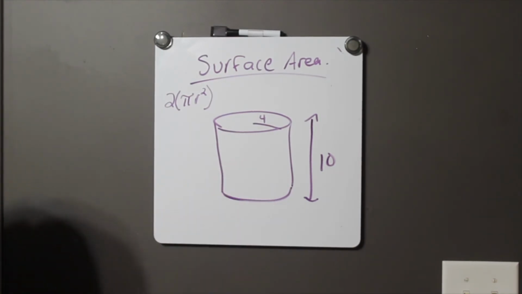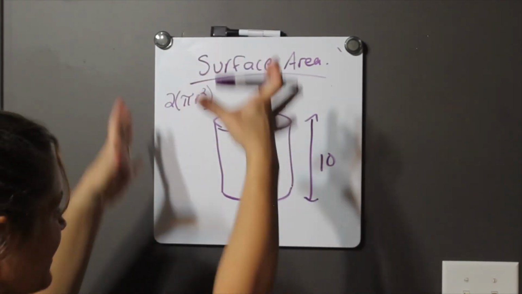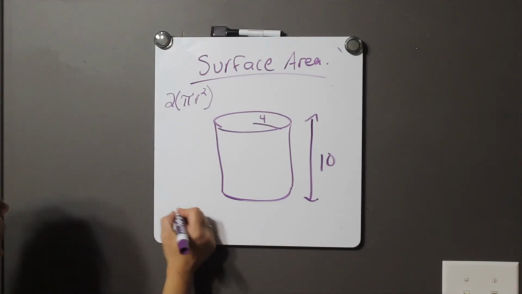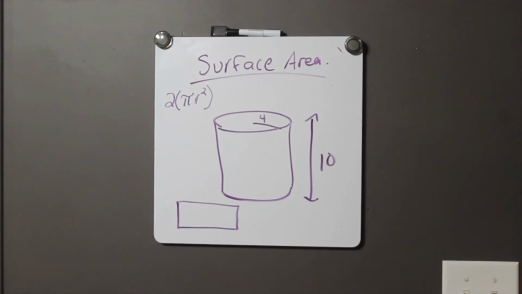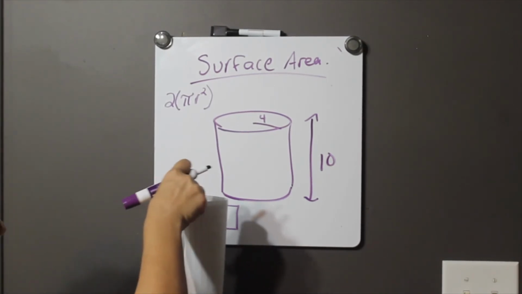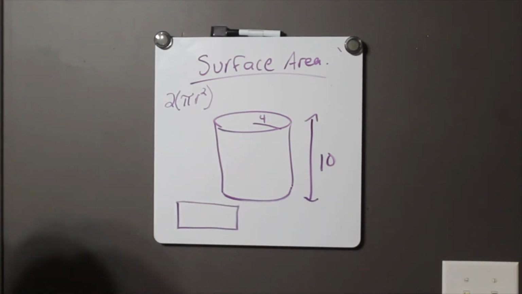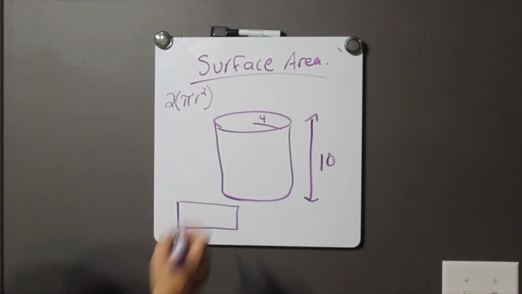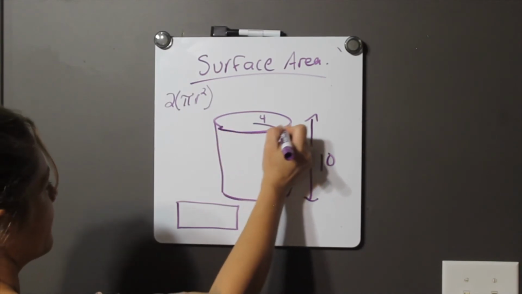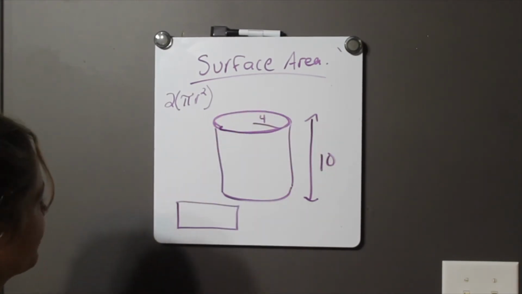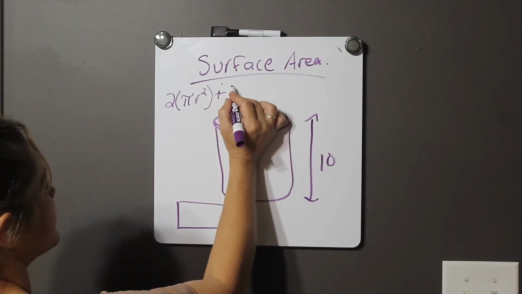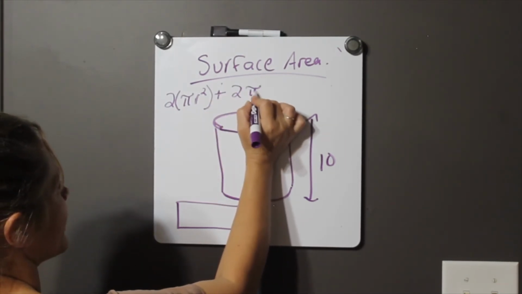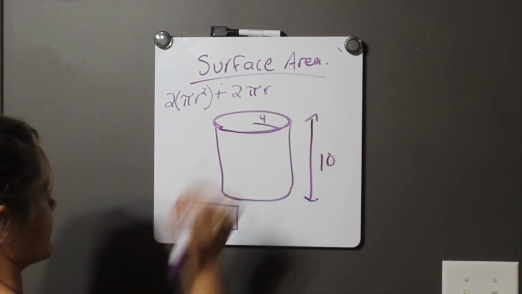Now for the lateral surface area, the sides, lateral always means the side surface area, it's going to roll out to be a big rectangle. Because if you take a piece of paper and you roll it up into a cylinder like that, when we unroll it, it makes a rectangle. How do we know how long it is from here all the way around to there? Well, that is just circumference, which is 2 pi r.